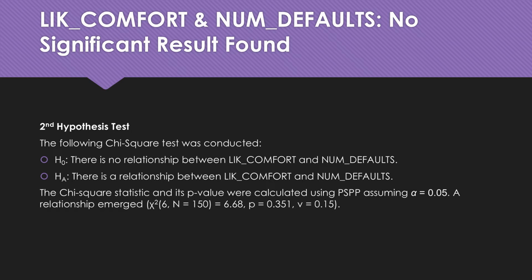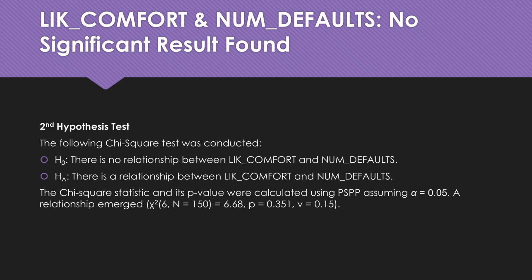The second hypothesis test has the null hypothesis stating that there is no relationship between the Likert comfort scale and the number of defaults, while the alternative hypothesis states that there is a relationship between the Likert scale comfort and the number of defaults.